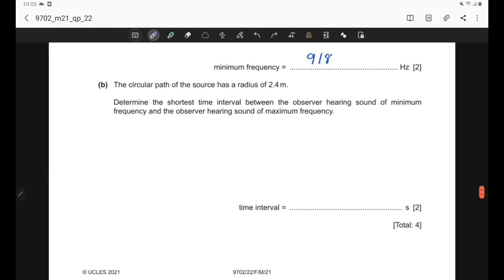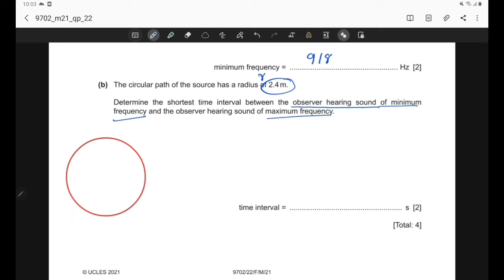Part B. The circular path of the source has a radius of 2.4 meters. So the radius of the circular path is given. Determine the shortest time interval between the observer hearing sound of minimum frequency and the observer hearing sound of maximum frequency.